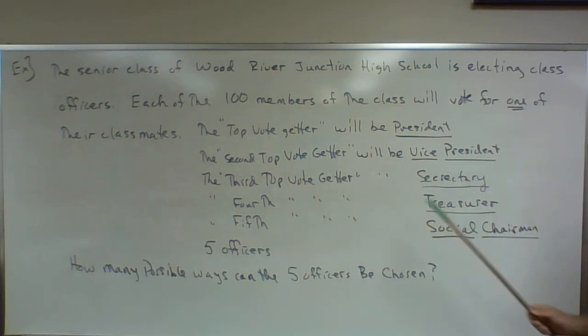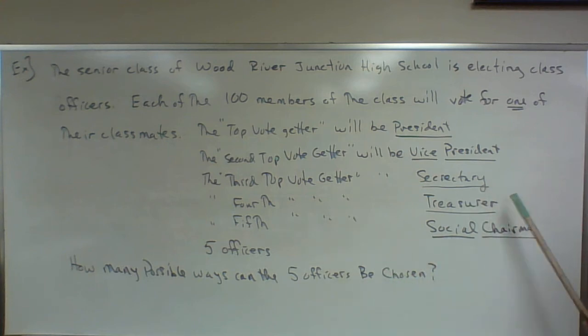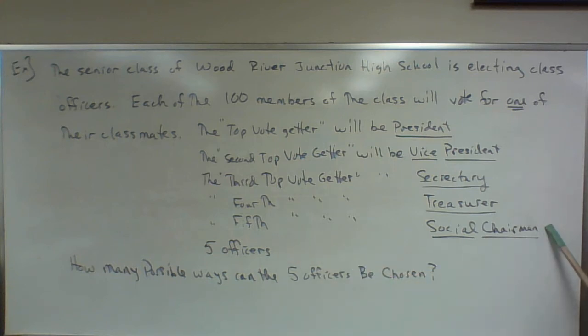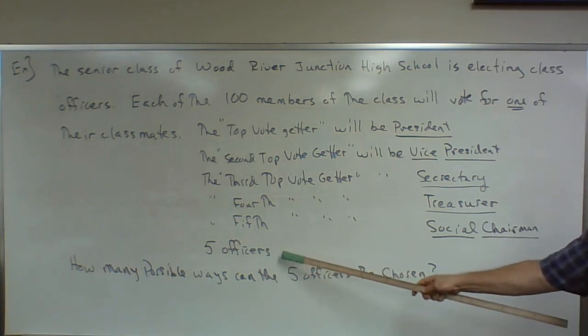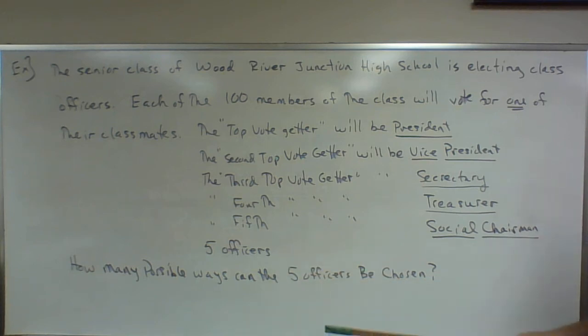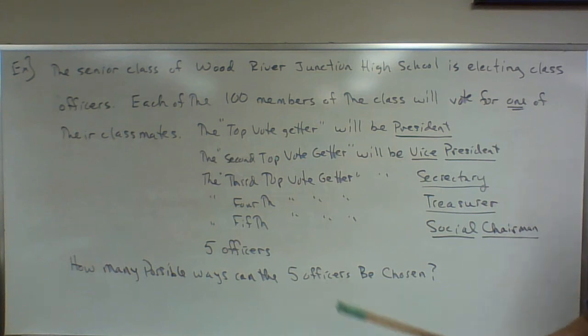Third top vote getter will be secretary. Fourth top vote getter will be treasurer. Fifth top vote getter will be social chairman. 5 officers will be selected in this manner. How many possible ways can the 5 officers be selected?